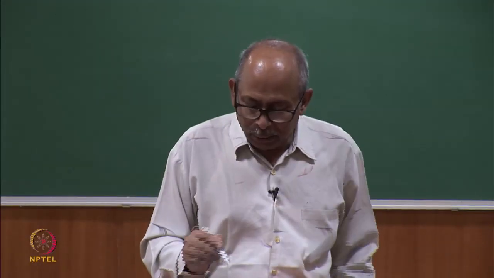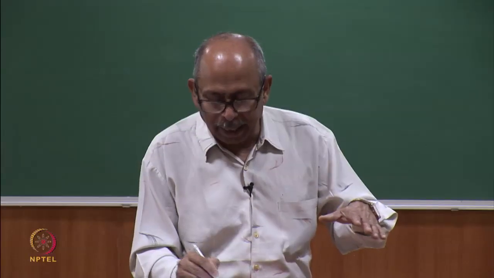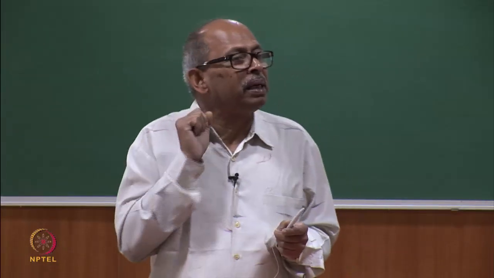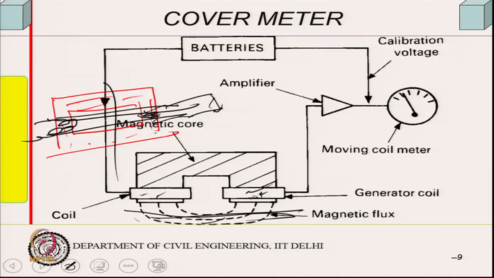Now, suppose I cut this and take half a transformer. The secondary is here, the primary is here, but it is cut like this, so this portion is not there. You have a primary coil and a secondary coil, and you pass a current through this. The magnetic circuit will not be complete if it is air, but if I have a reinforcement bar, then the magnetic circuit will be completed through it and you will get a signal in the secondary.